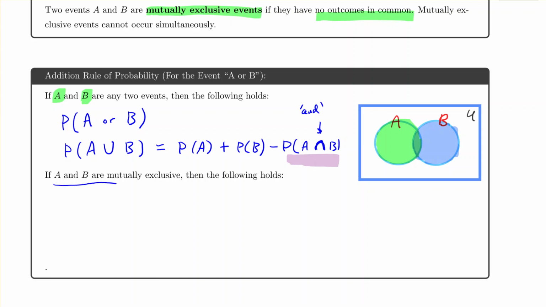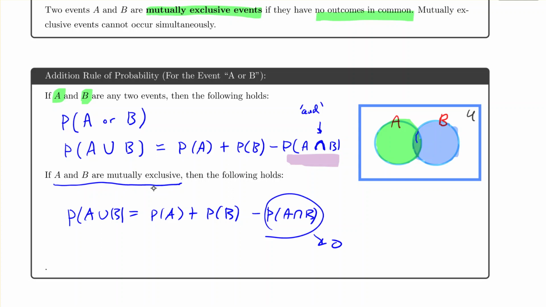If A and B are mutually exclusive, that means they don't have anything in common. They're disjoint. So if I find the probability of A union B, the formula is pretty much the same, but the probability of A and B in mutually exclusive events is 0 because they have nothing in common.